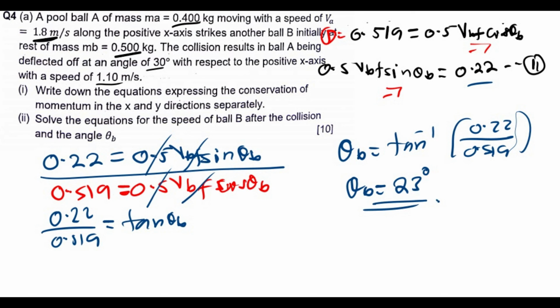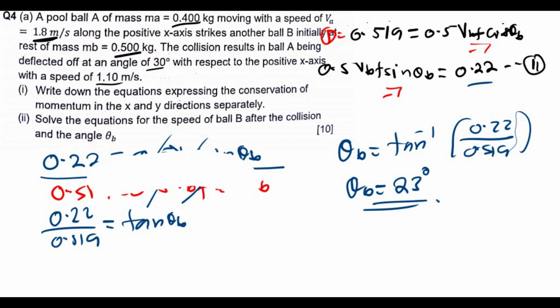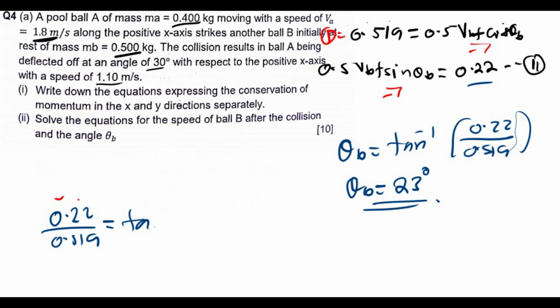After finding the angle, we need to find the velocity VB. I'm going to choose either the first equation or the second one, because now I know theta.